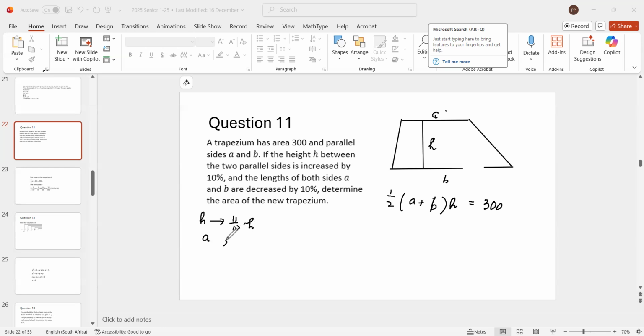So A then goes to, from 100%, it comes down to 90%, which is 9/10.